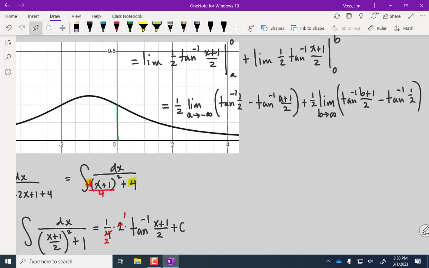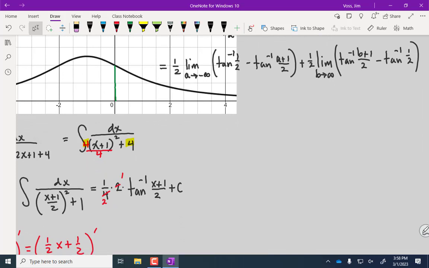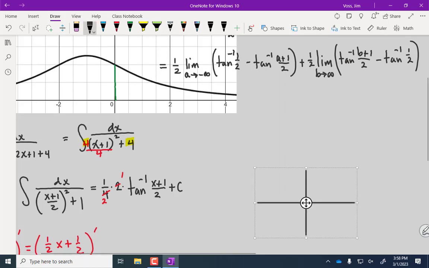So that's where we're at. Let's draw a picture of arctangent just because we need to be super clear on arctangent. So arctangent, let's put this graph here to remind you what it looks like.